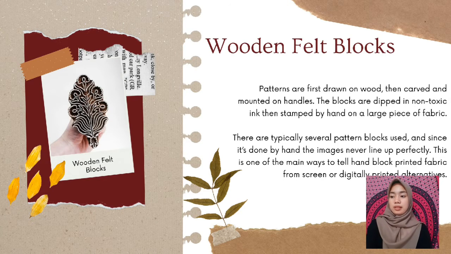There are typically several pattern blocks used, and since it's done by hand and the images never line up perfectly, this is one of the main ways to tell hand block print fabric from screen or digitally printed alternatives.